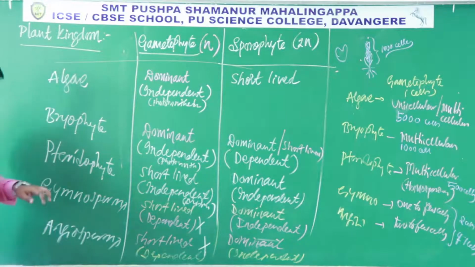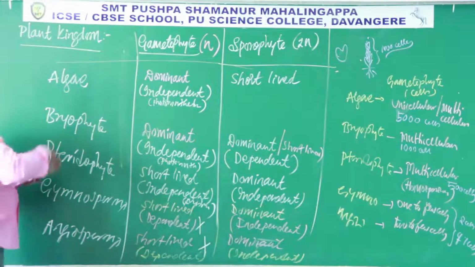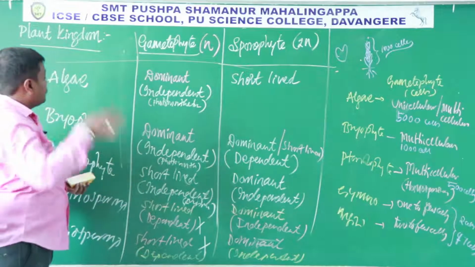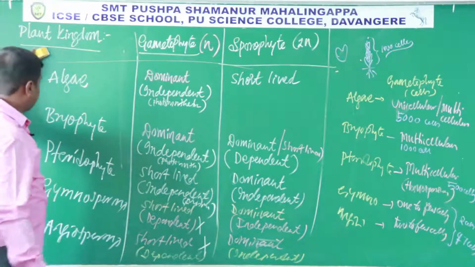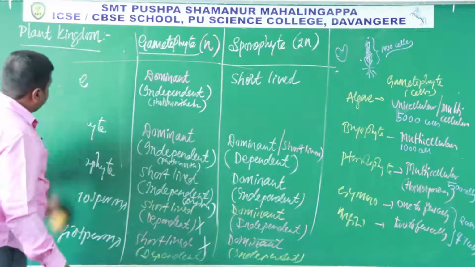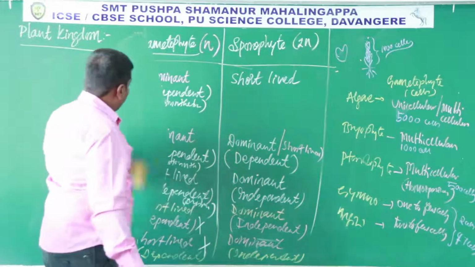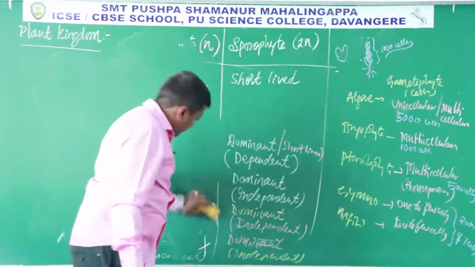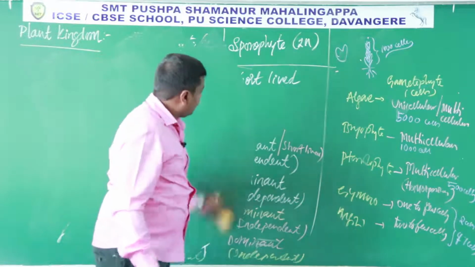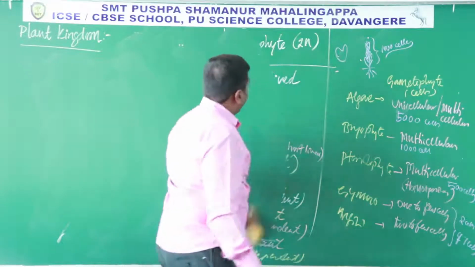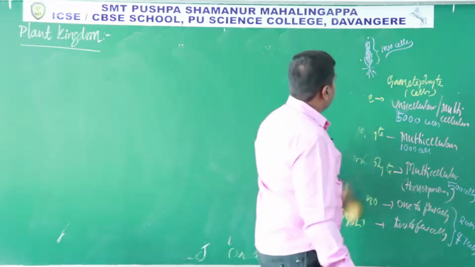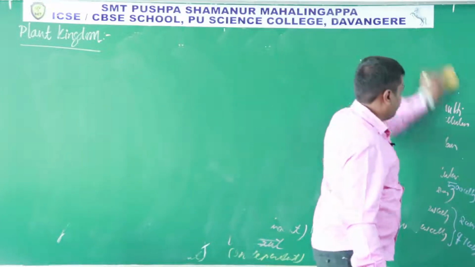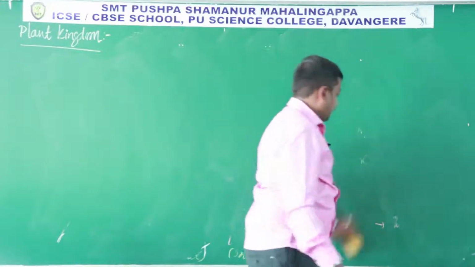So this is about the gametophyte and the sporophyte with respect to the differences. Then the next topic is the unique nature of plants, as we already discussed in the beginning, that is alternation of generation. It is a uniqueness of the plant kingdom.